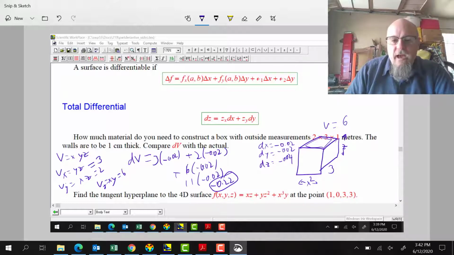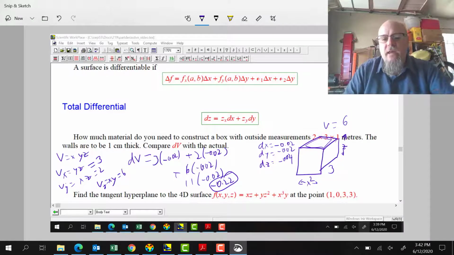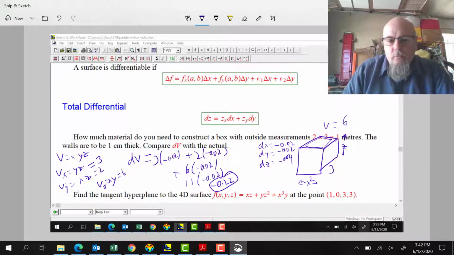And since we're looking for the change in the volume going from outside to inside, it's negative, so we want to express it as the negative of what it was. So the change in the volume should be 0.22. Now we can calculate the actual volume, and it'll be close to this.